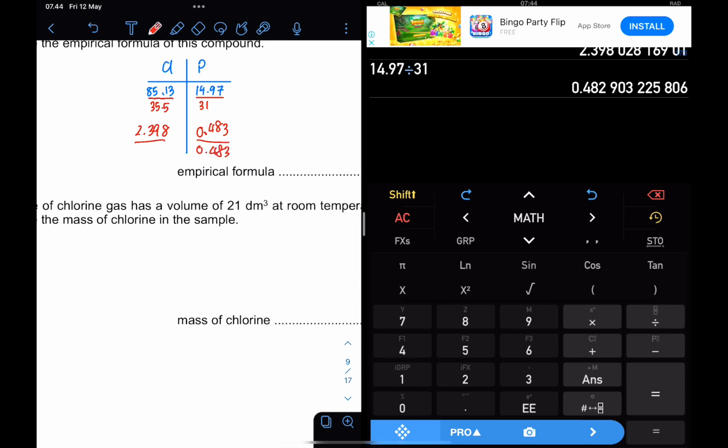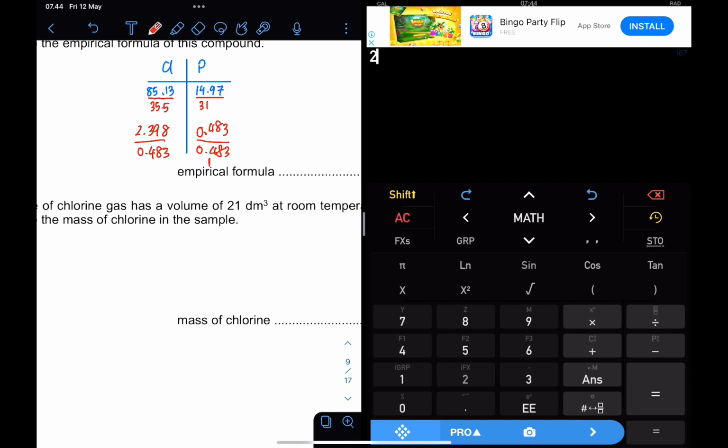So I am going to divide with the smallest number. Divide 0.483 by 0.483, I will get 1 here.